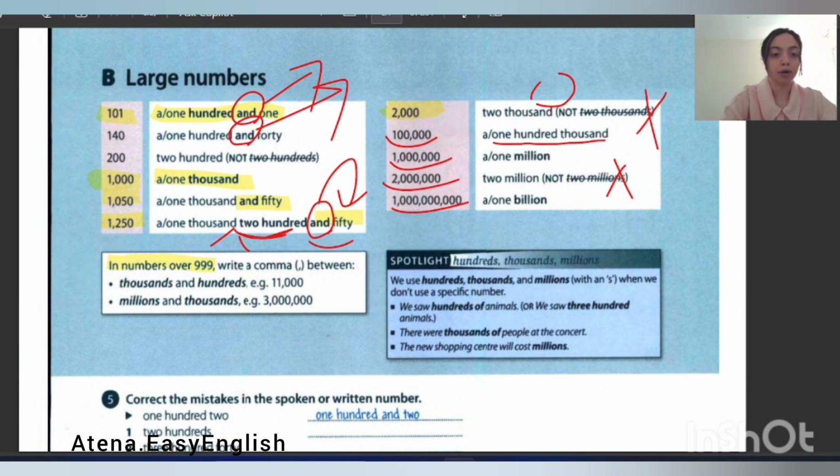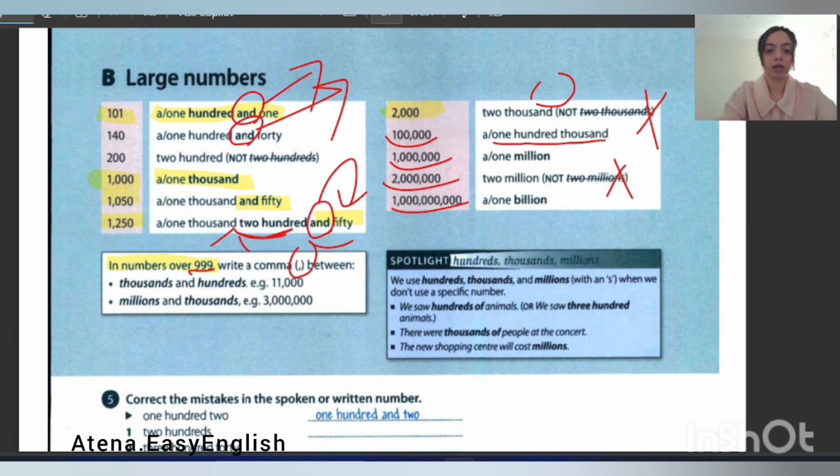In numbers, over this number, write a comma between. So when you want to write the numbers, not in letters, okay, and they are more than 3 numbers, okay, 4 or 5, we use comma between. Also, I think in most of the languages it happens.